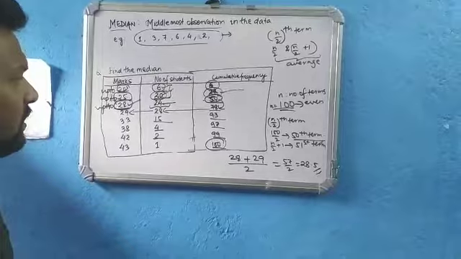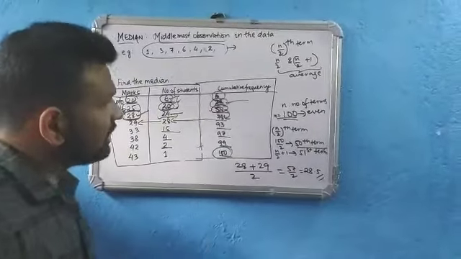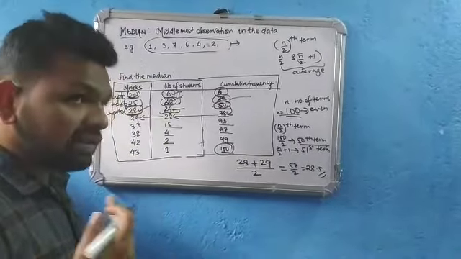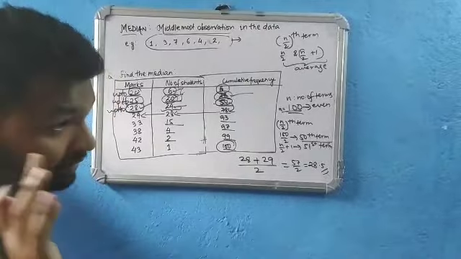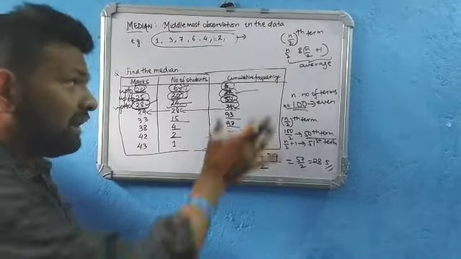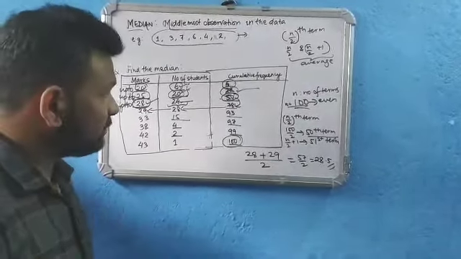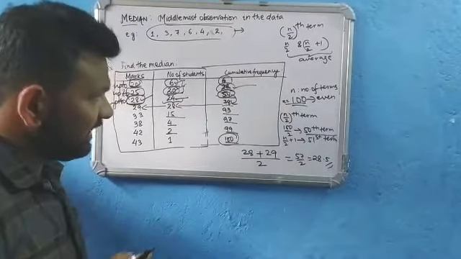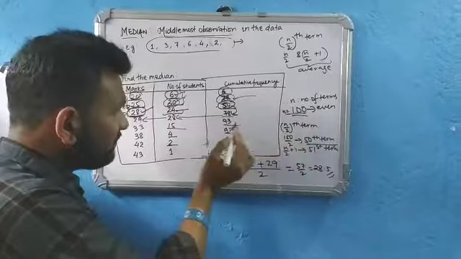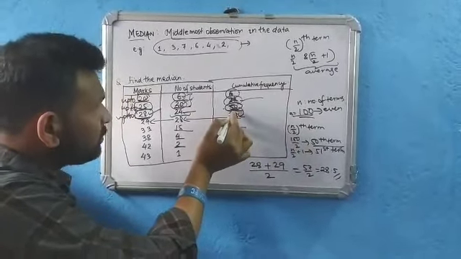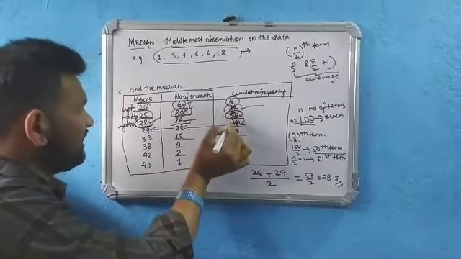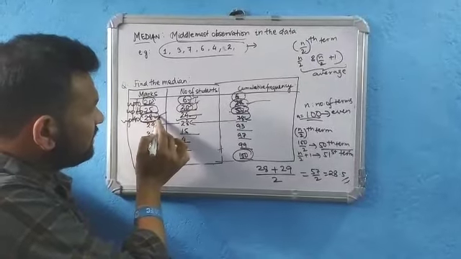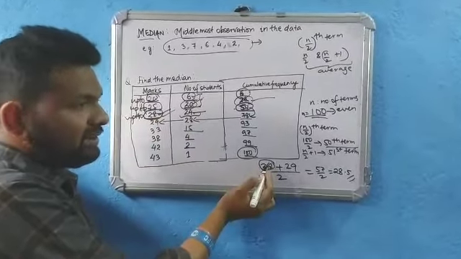Now you might be wondering why we have taken the 51st term. This will be more and more clear when we discuss more problems. Now see, what we have done basically is we have constructed a cumulative frequency table, out of which we have come to know that n is 100, which is even. So n by 2, that is the 50th term, will be the term corresponding to the cumulative frequency 50. So you can see it is 28. So I have taken 28.